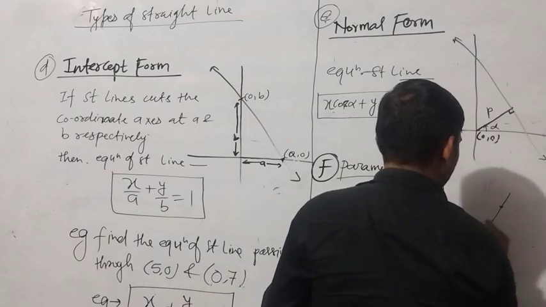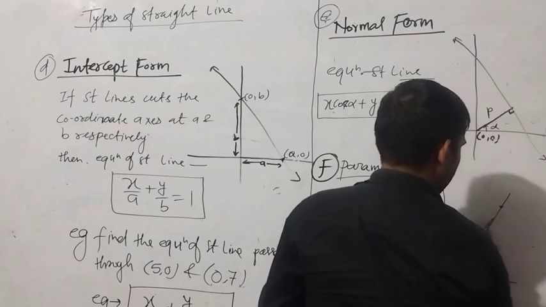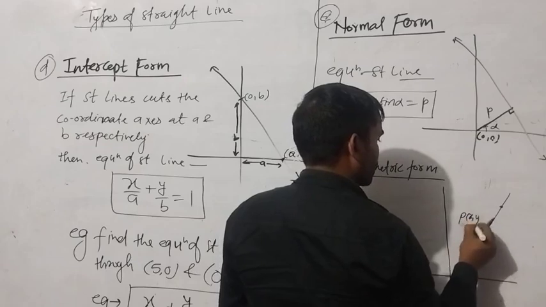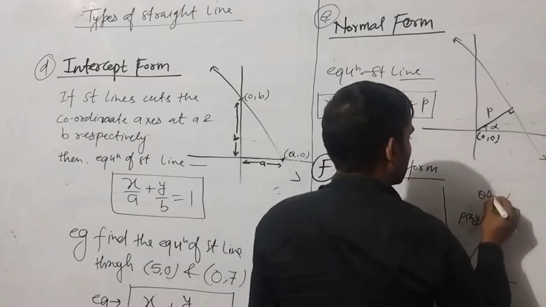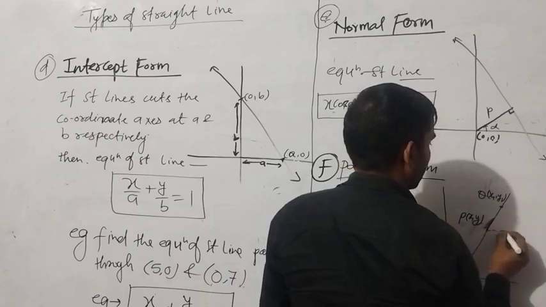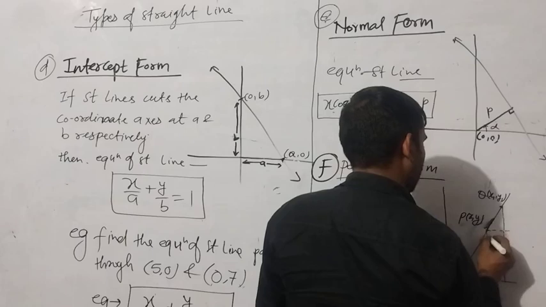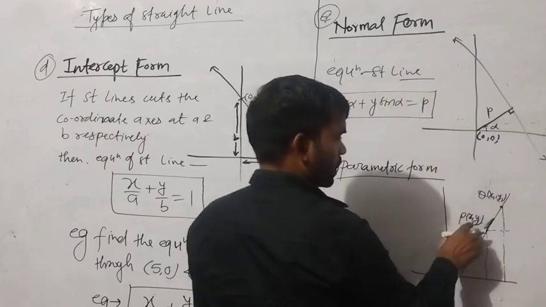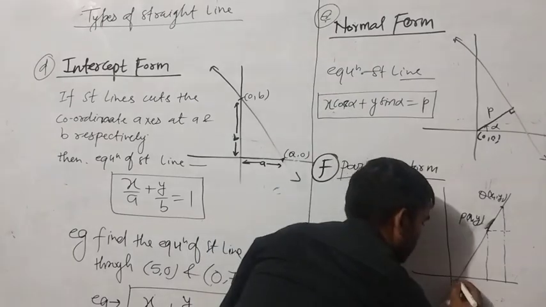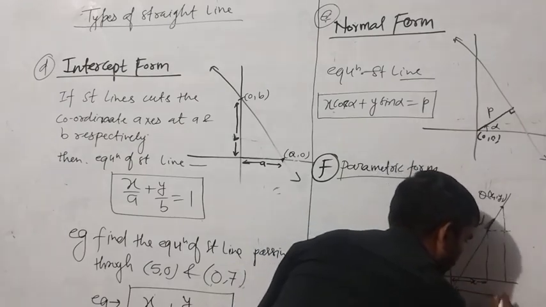Here is P (x, y), and Q (x1, y1). If you want to draw a perpendicular on this, you can simply find the distance of this line from here to here, x, and from here to here, x1.